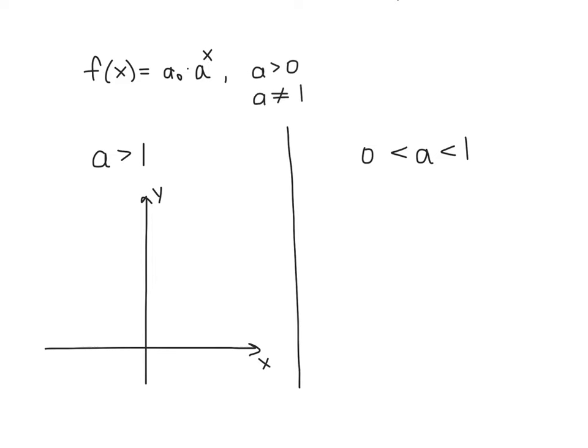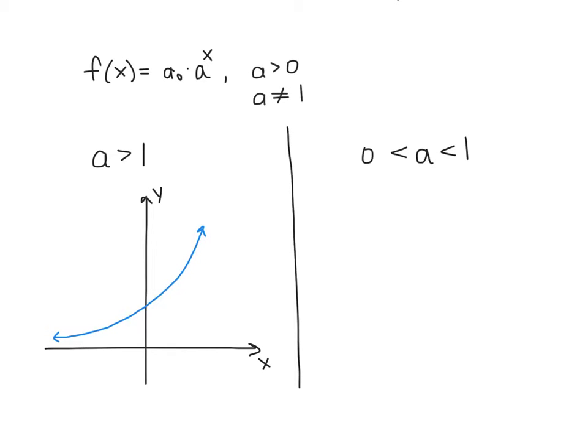When our base a is greater than 1, we can expect the shape of our exponential function to have this general shape here. So what we have here is a positive increasing continuous function, and as x gets smaller, our function approaches 0. The graph is concave up, and the x-axis is a horizontal asymptote.